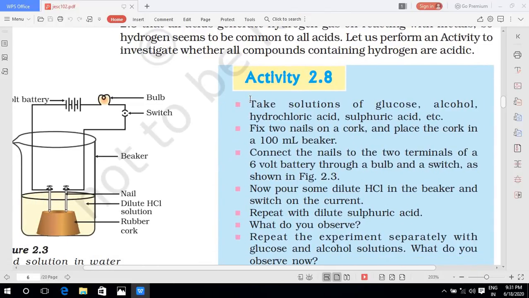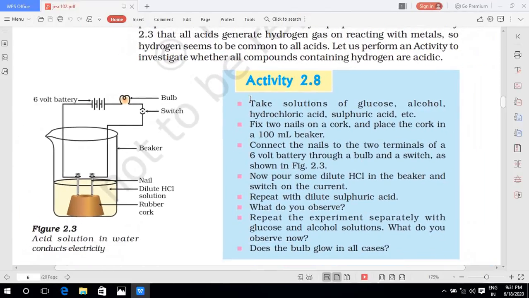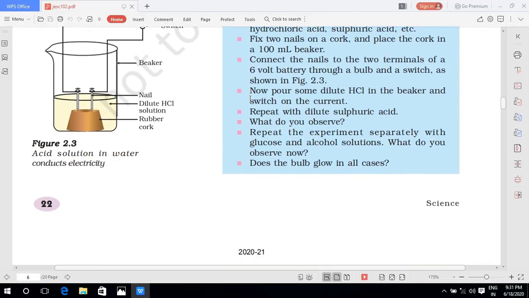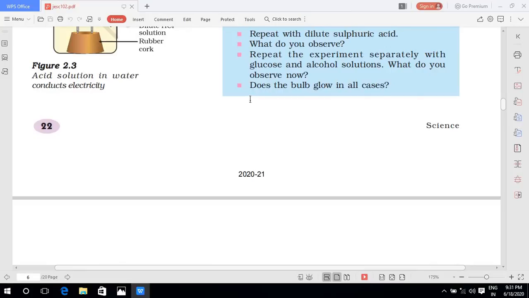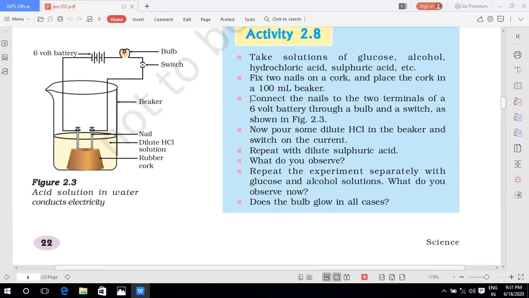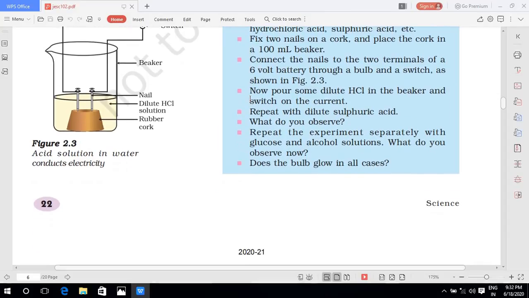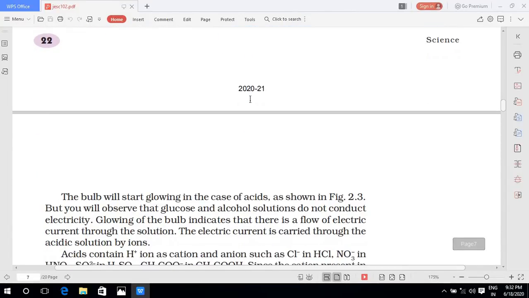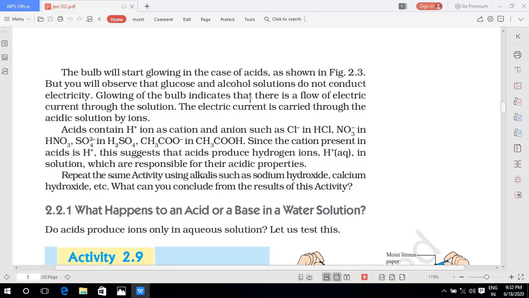That can be explained by the presence of ions: in the case of acids, hydrogen ions, and in the case of basic solutions, hydroxyl ions.